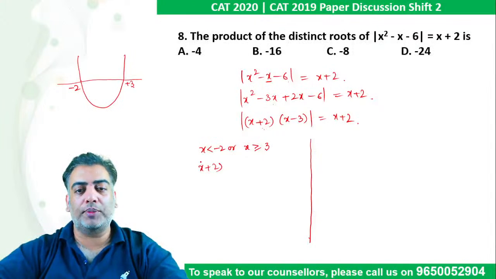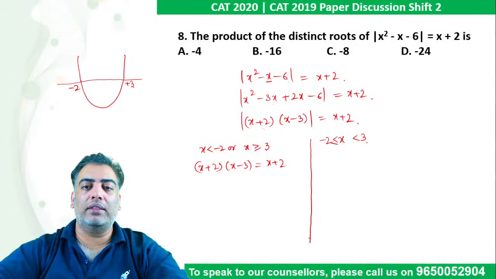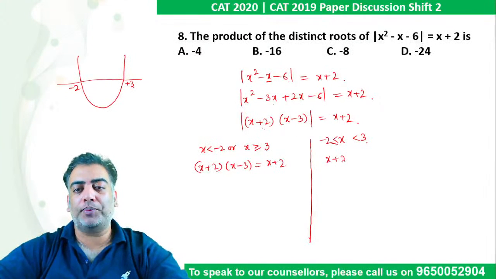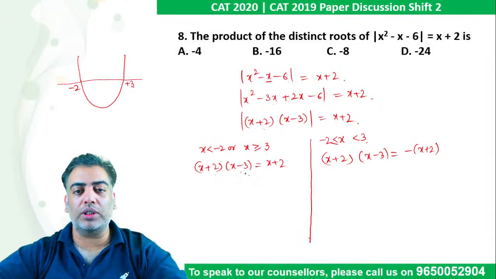So x plus 2 into x minus 3 equals x plus 2. And when it lies in the range minus 2 to 3, then this is going to be negative. So x plus 2 into x minus 3 is equivalent to minus of x plus 2. So the solutions of this equation must fall in this range.